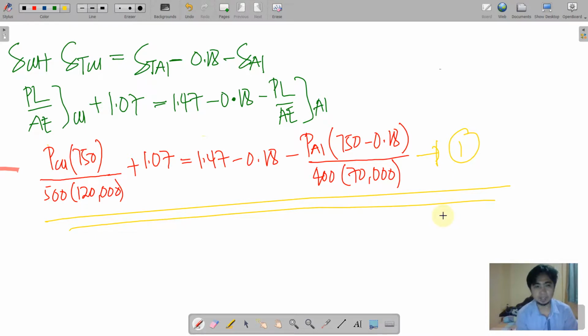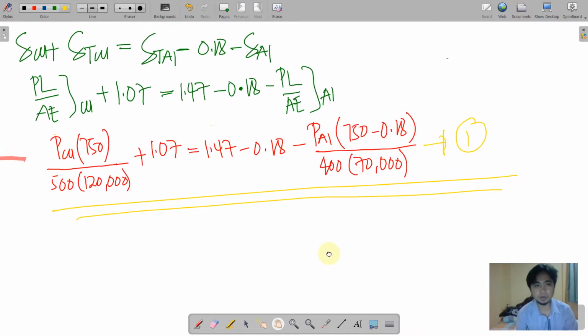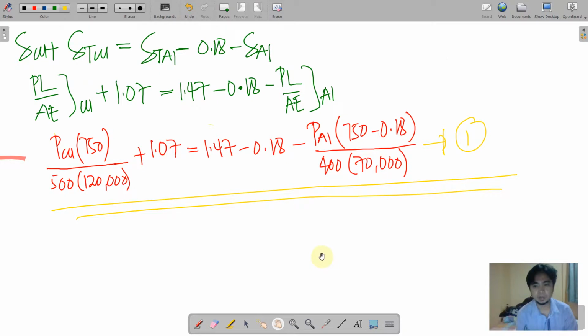So from the elastic deformation, we come up with this equation, and now we are going to refer to the free body diagram for our equilibrium equation, or the external forces.